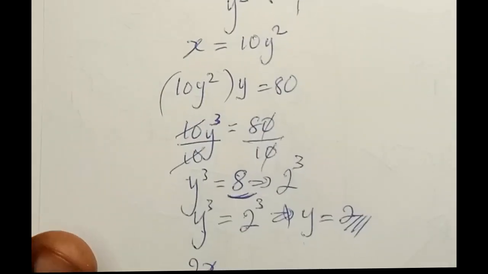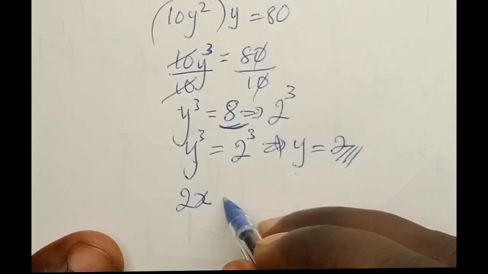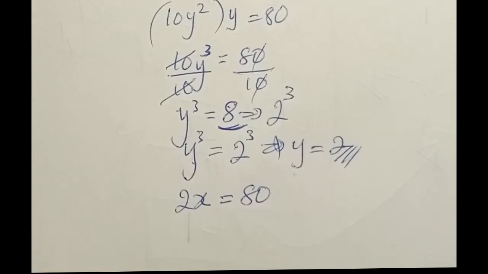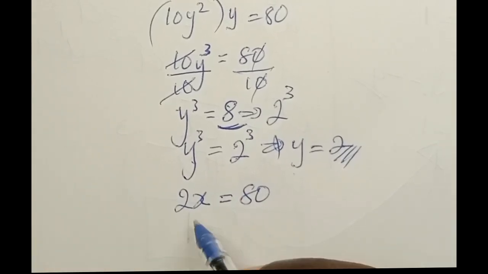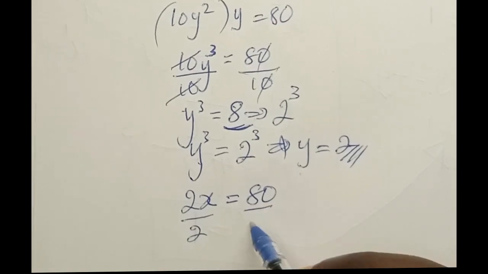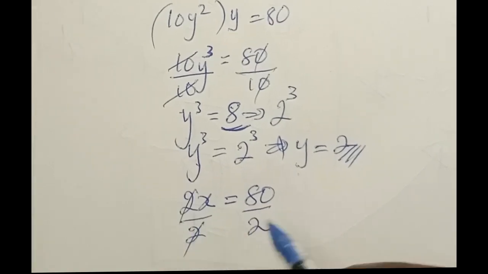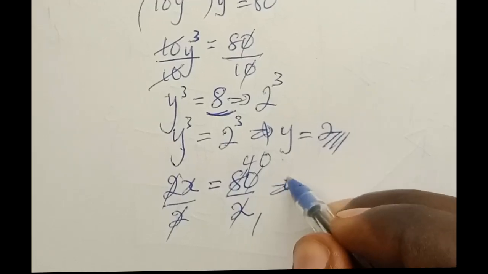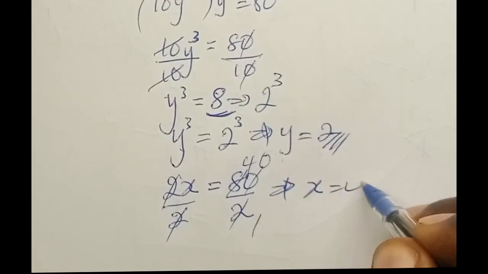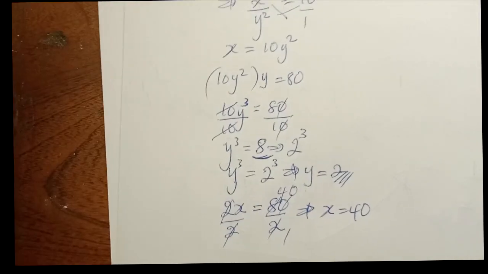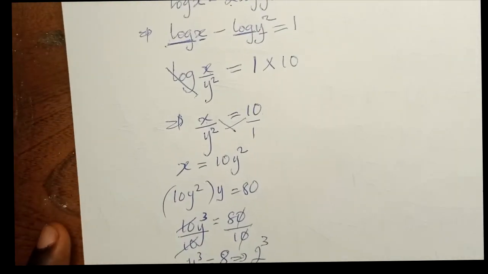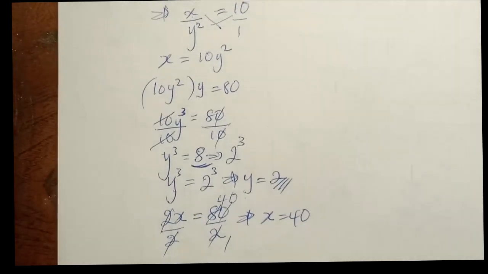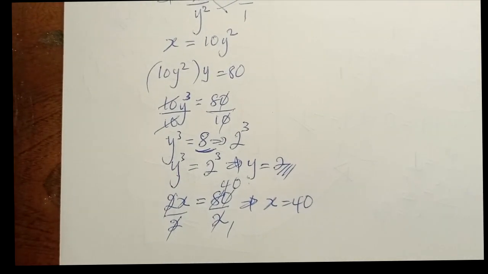Therefore, we need to divide both sides by 2 to get the value of x, and of course, x will be equal to 40. So the values of x and y, as we have seen, are x equal to 40 and y equal to 2.